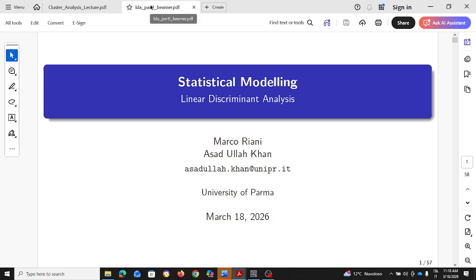So how can we formulate LDA? We say to LDA, go and find the line that maximizes the discrimination between the two classes.